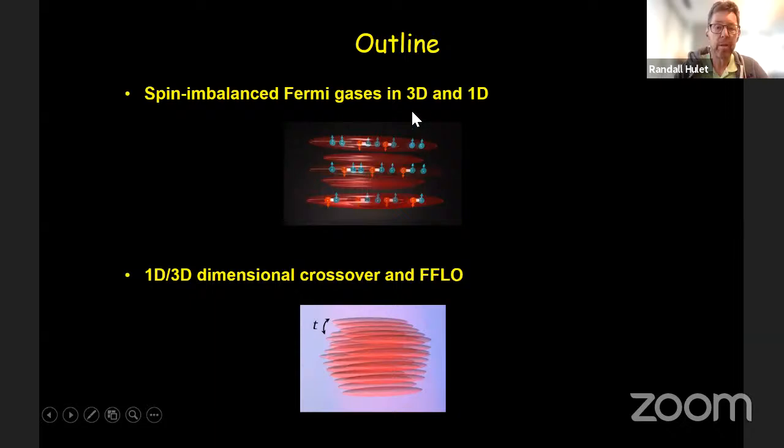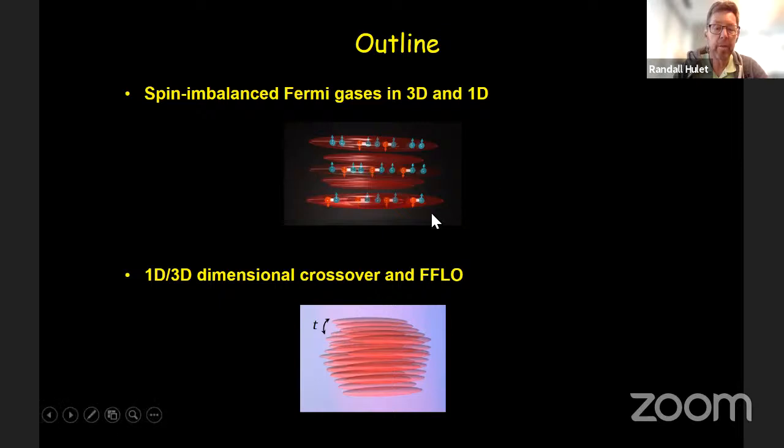All right, so we're going to go back and revisit some of the experiments that were done, not only in my group, but also in Wolfgang Ketterle's group, and Frederic Chavy at ENS in Paris, and others, John Thomas in 2D, to understand what happens with spin imbalanced gases in 3 dimensions, but also in 1 dimension.